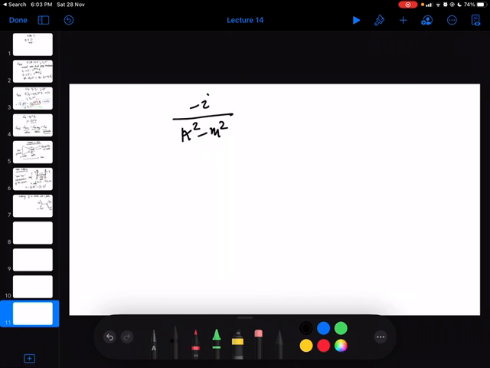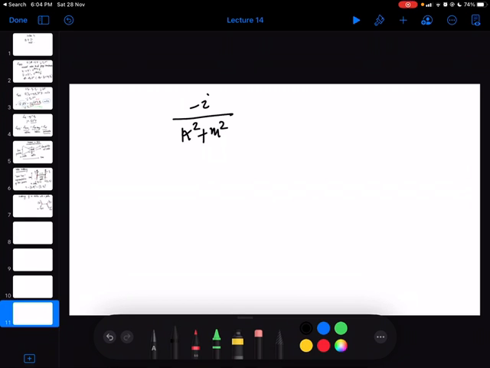The derivation of this propagator is slightly complicated, so we won't do it.